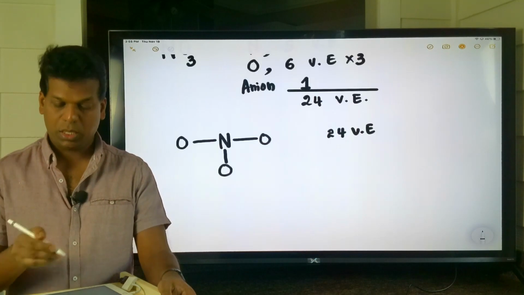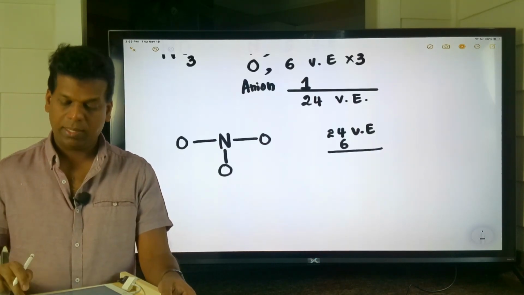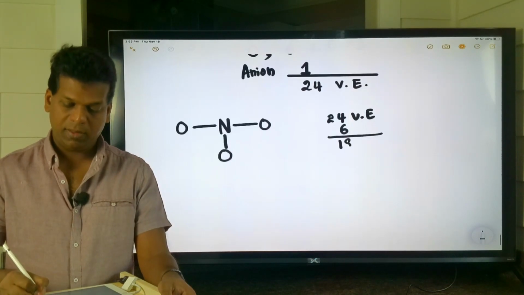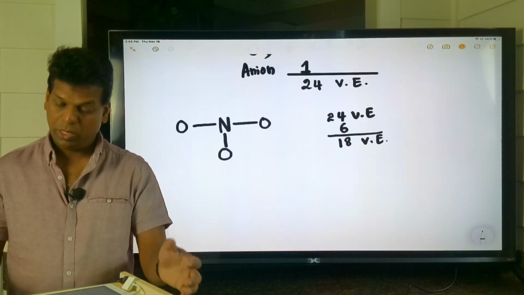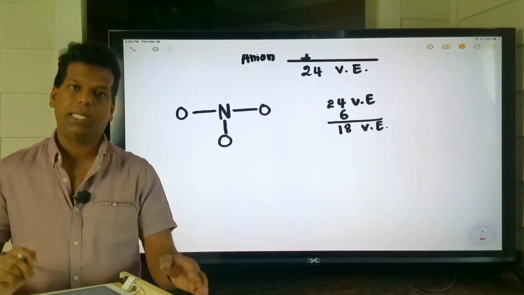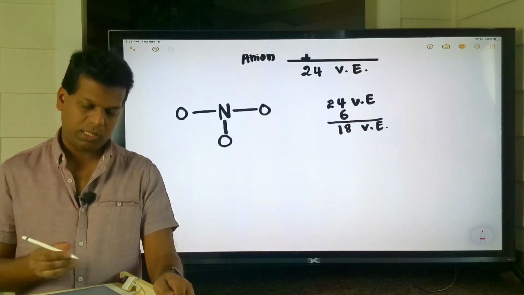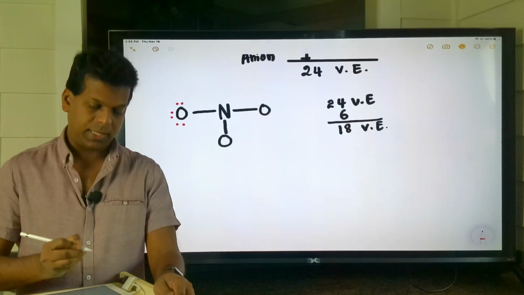To create 3 bonds I used 6 out of that 24. What is left is 18 valence electrons. Now there are 18, we have to distribute them. You take those 18 and go to the terminal atoms and complete their octet. There are 3 oxygens, so I can place 6 in there.